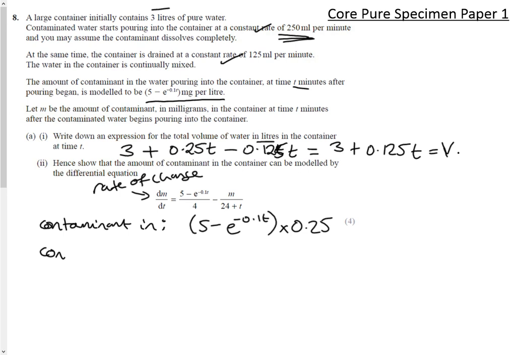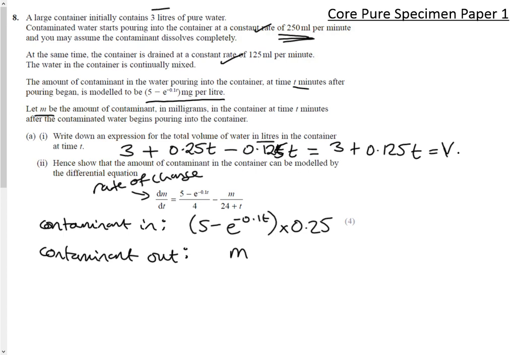Okay, meanwhile, some contaminant will also be leaking out. So M is the amount in the container at time t. So that's how much we've got in the container in milligrams. So how much is going to be coming out?